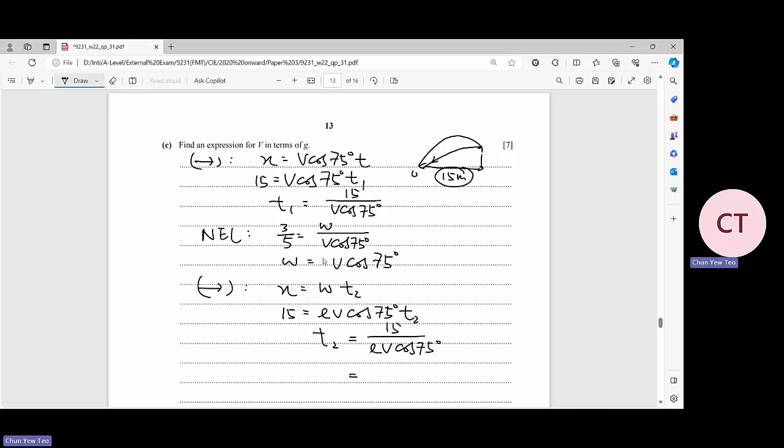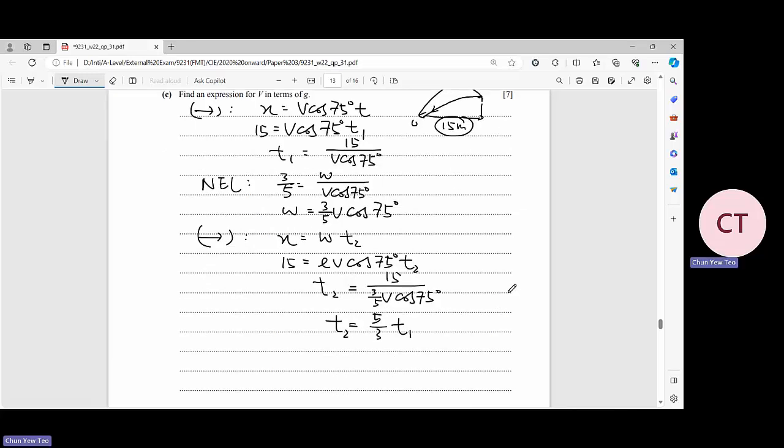It will be better if I change the E to 3 over 5. So you can write this as 5 over 3 of the t1. That is your t2 value.